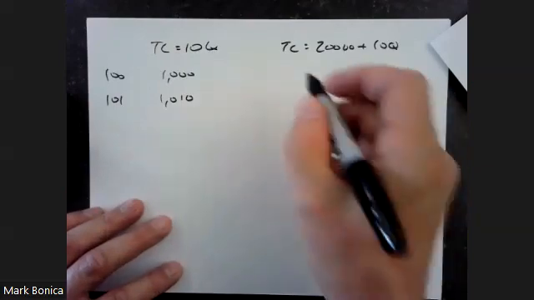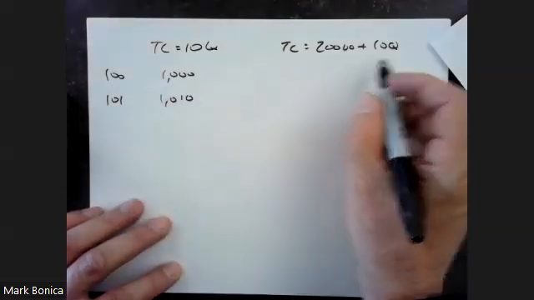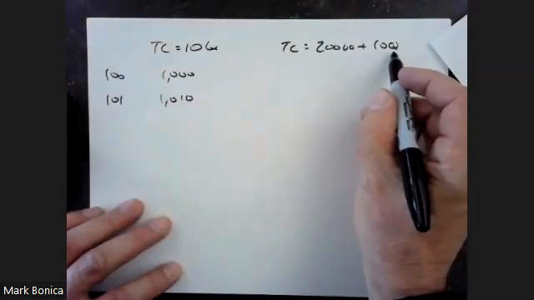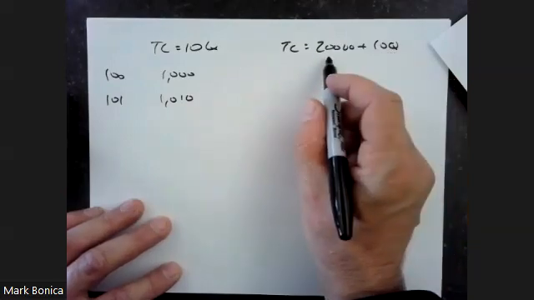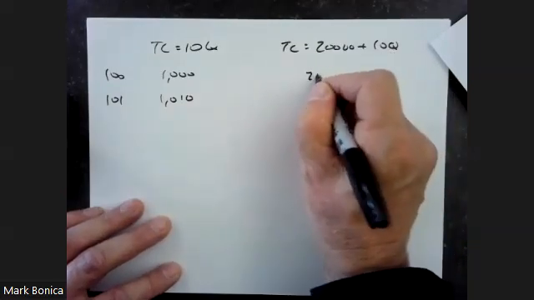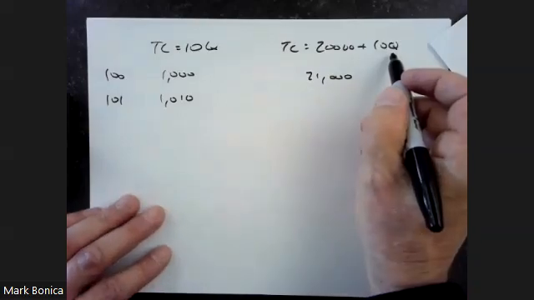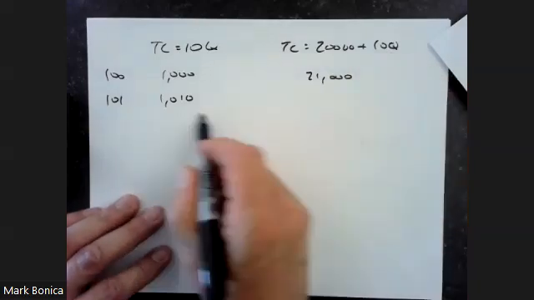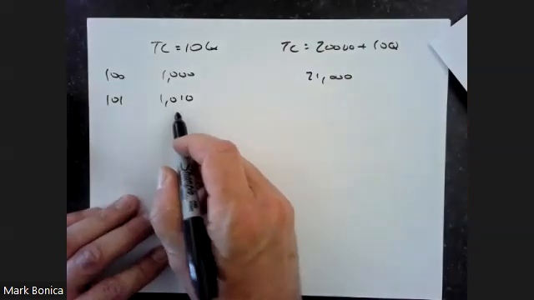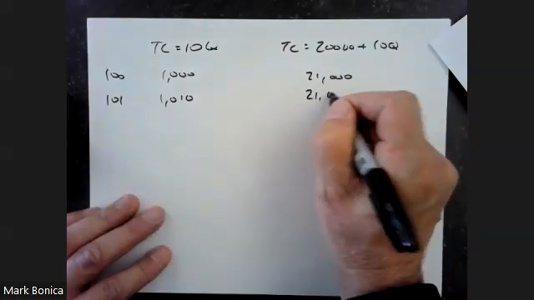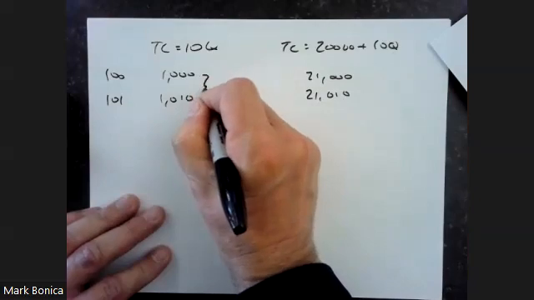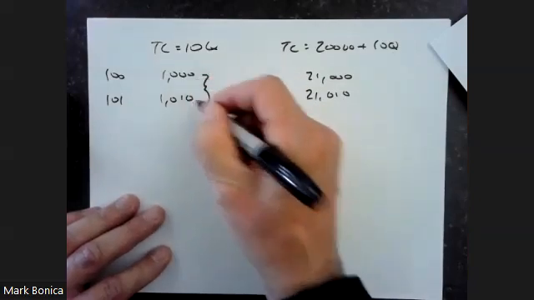Over here, at 100, I get 100 goes in here, that's 1,000, plus 20,000, that's 21,000. 101 is 10 times 101, which you already know is 1,010. So it's 21,010. What's the marginal cost?